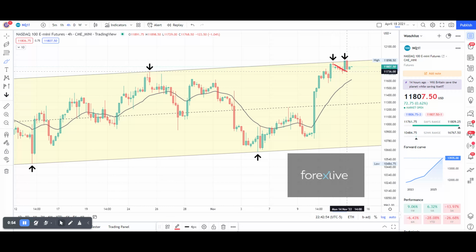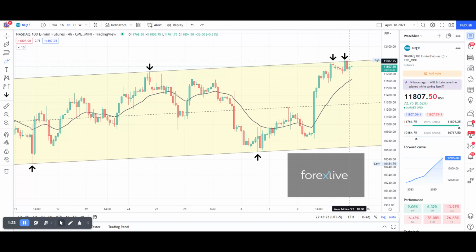We had, by the way, a bit of consolidation in a bull flag before that push, and we have to see what's going on now. It would be interesting to put a buy stop order, which is an order to buy above the current market price. The current market price is 11,807.